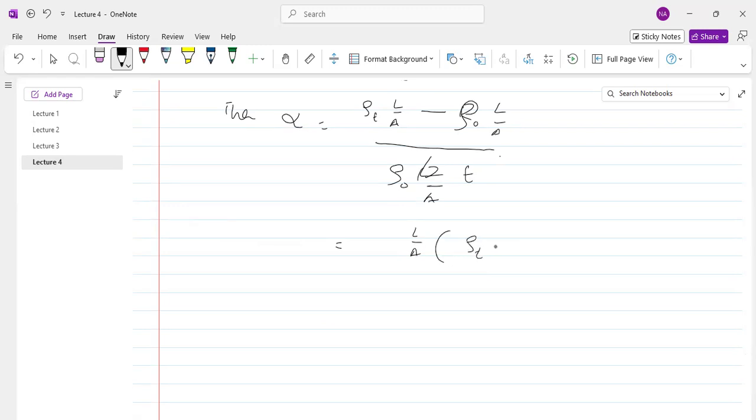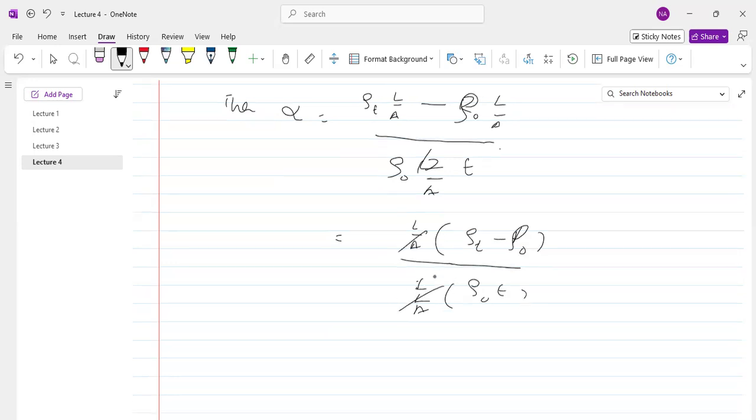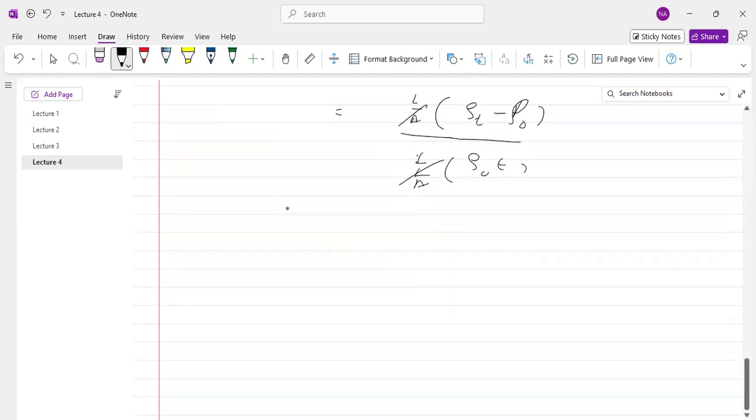What we are left with is rho T minus rho naught over rho naught into T. This cancels out. So this is the temperature coefficient of resistance in terms of resistivity.